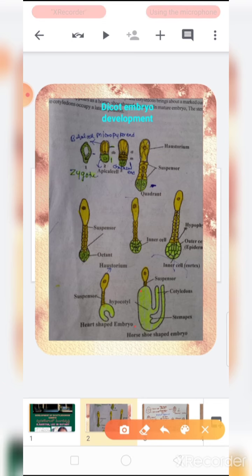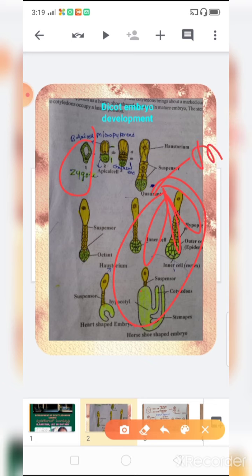Before discussing dicot embryo development, we have to know about the formation of the diploid zygote. In the embryo sac, a three-celled egg apparatus is present at the micropylar end. This egg apparatus contains a central egg cell and two synergid cells, present on both sides of the egg cell.